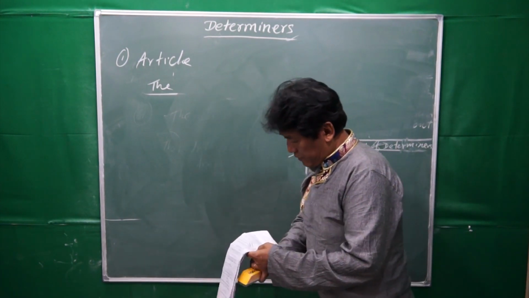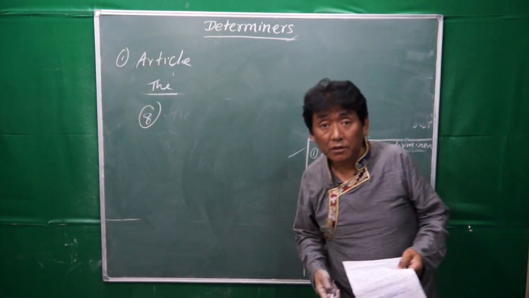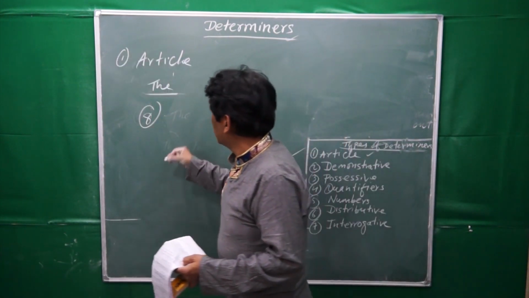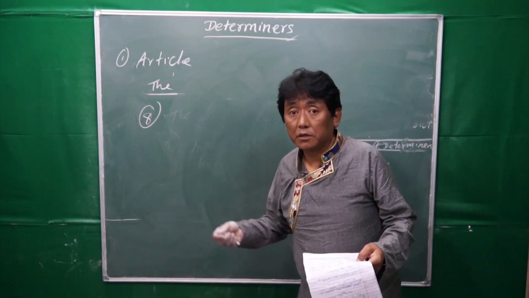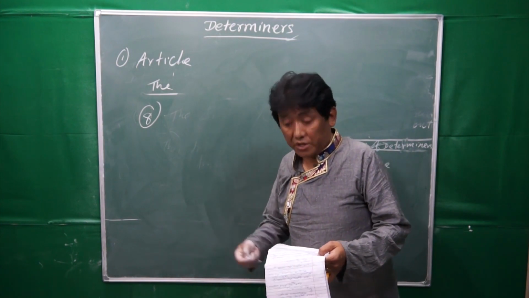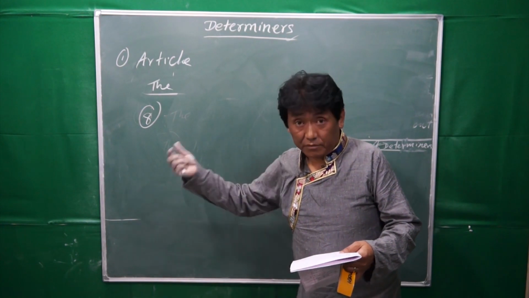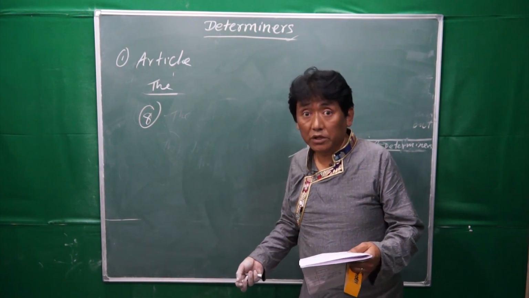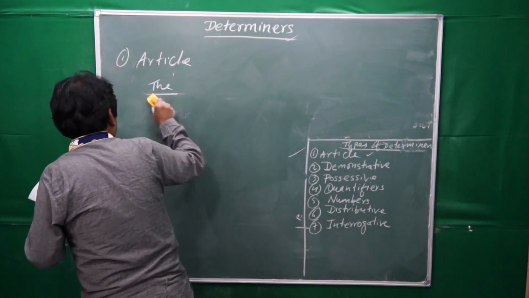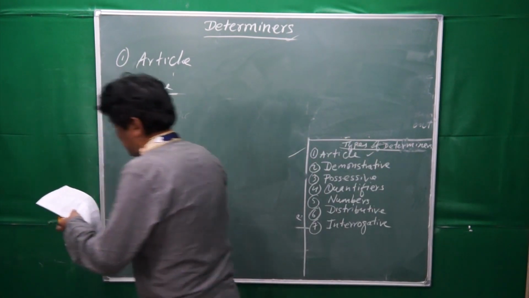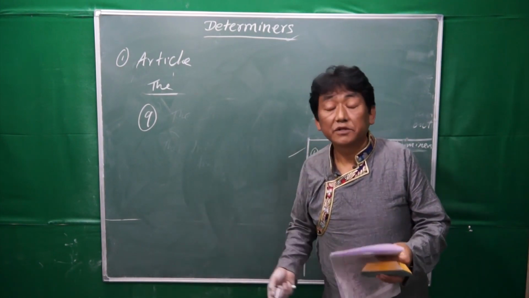And then we have names of scriptures. Do you know scriptures? Books, in fact. Names of books, right? Books like the Bible, the Gita, the Ramayana. For all these holy books we write "the" in front. And we move on to point number 9. We will talk about newspapers and magazines.